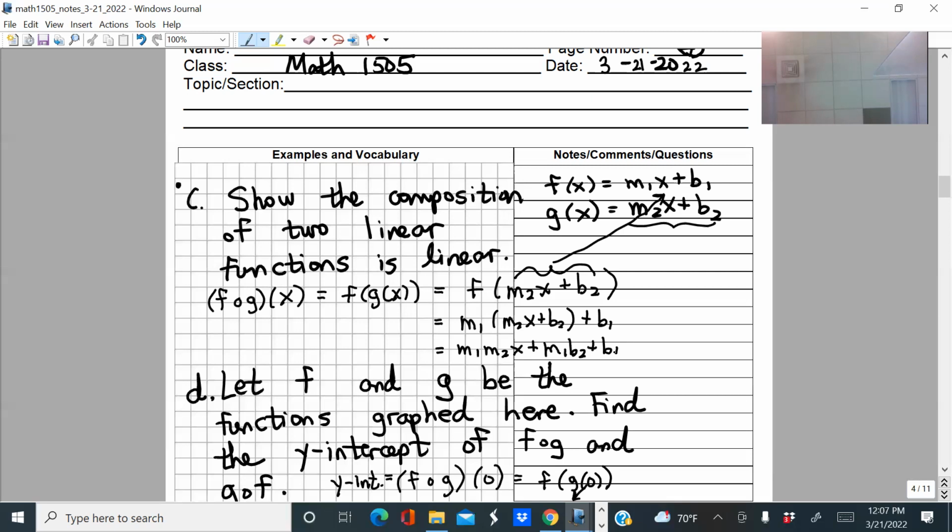That's simplified. But now we have to deduce from this, is that really the formula for a linear function? If you graph that thing, if you knew what m1 and m2 were and what b1 and b2 were, would you get the graph of a straight line? Okay, Evan says yes.